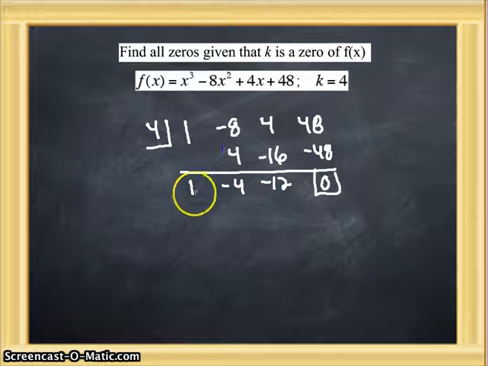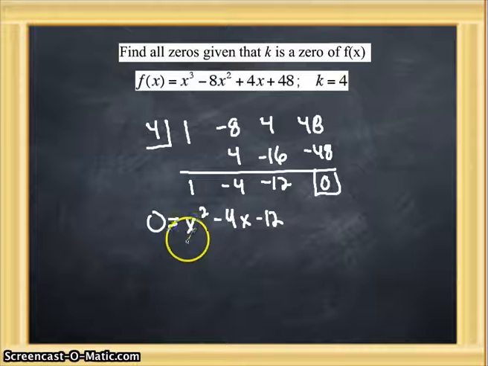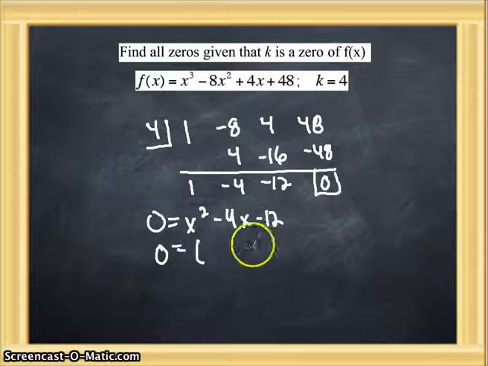Again, just drop in the 1, multiply and add, multiply and add, multiply and add, and we get that perfect 0. That means 4 is a 0 of my function. What it also means is I got x squared minus 4x minus 12 as my remainder, essentially, as my leftover stuff, my other factor. And I can set that equal to 0 to find my remaining zeros, which we can hopefully do just by factoring.